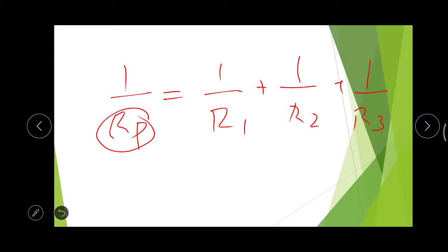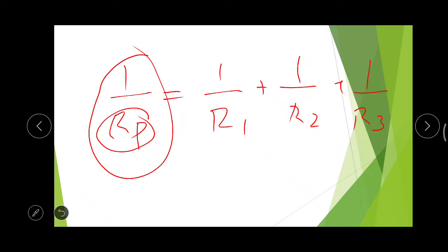So 1 upon the equivalent resistance of the parallel combination will be equal to the sum of 1 by R1, 1 by R2 and 1 by R3.